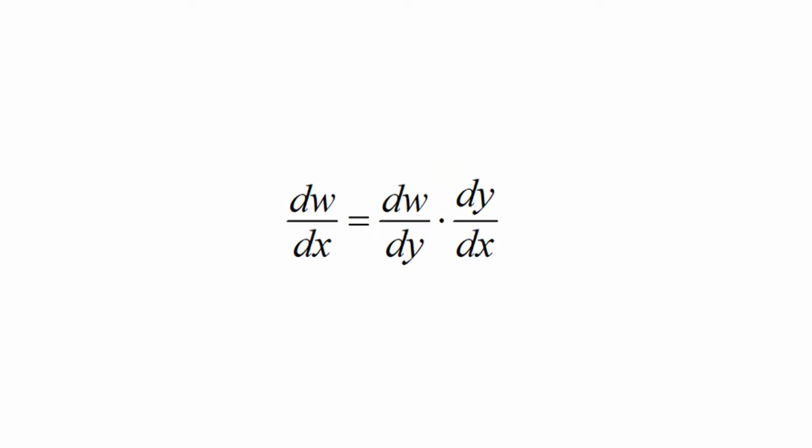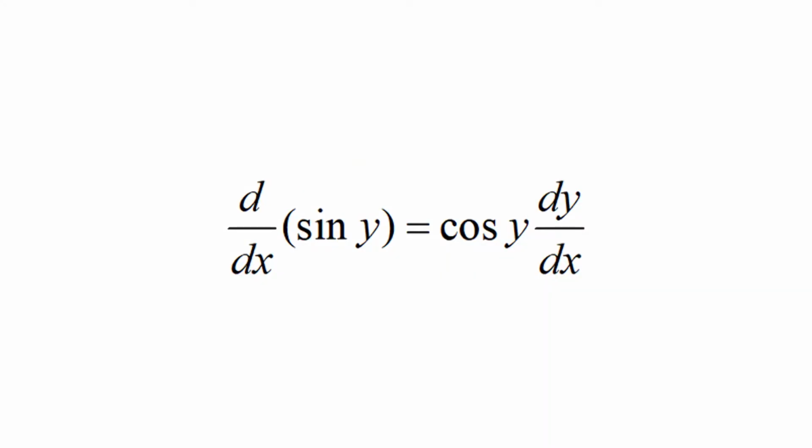The chain rule of differentiation of a function of one variable states that if w equal to g of y and y equal to h of x are differentiable functions of y and x respectively, then their composition w equal to g of h of x is a differentiable composite function of x, and dw by dx equal to dw by dy into dy by dx.